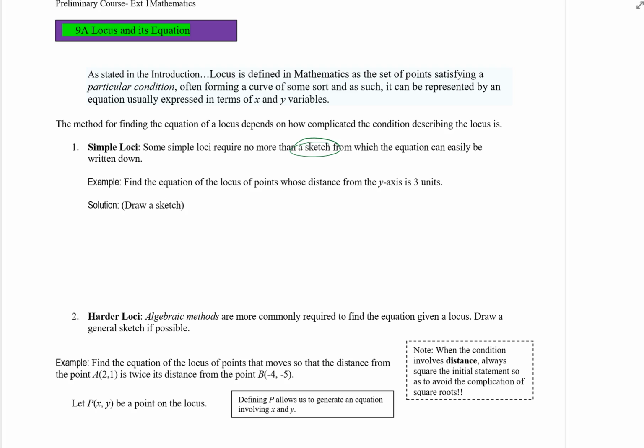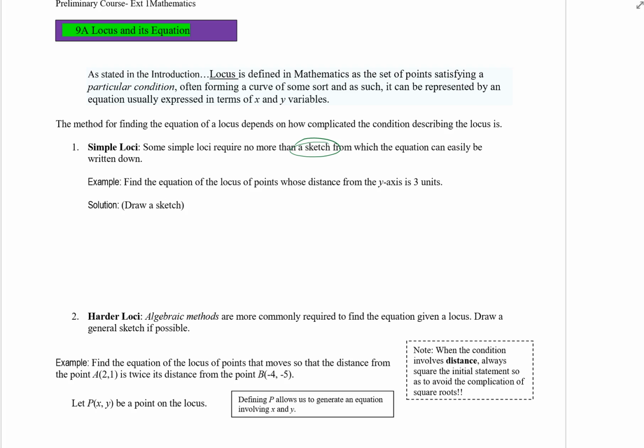Just be careful, there'll be times when a sketch is too difficult, and I personally find sometimes the sketching is not very helpful, so I don't ever spend too much time on it. If I'm not getting it, then I move away from it pretty quickly and go into my algebraic method for getting the equation.